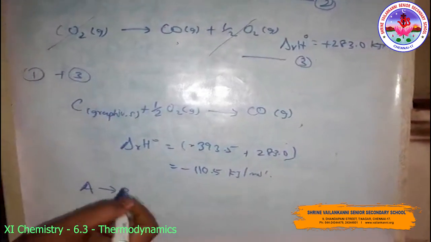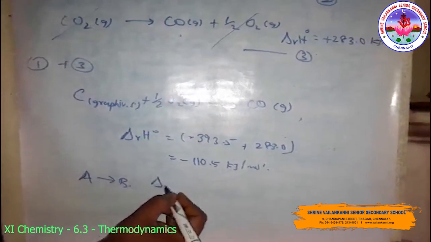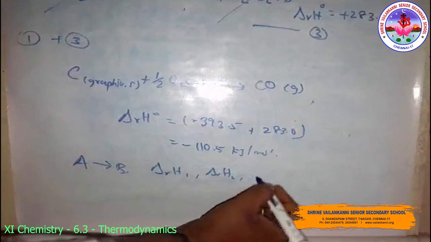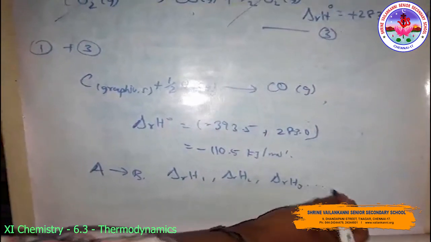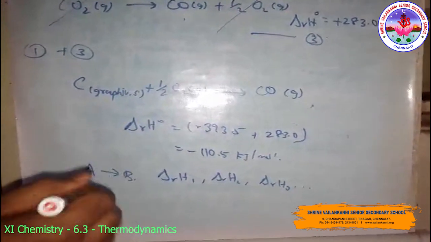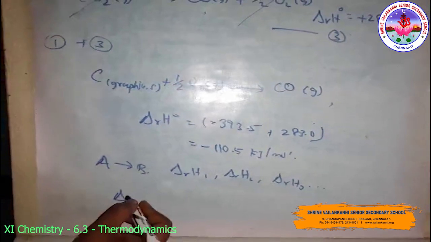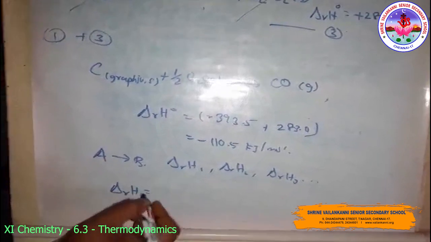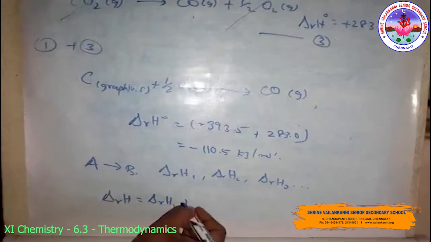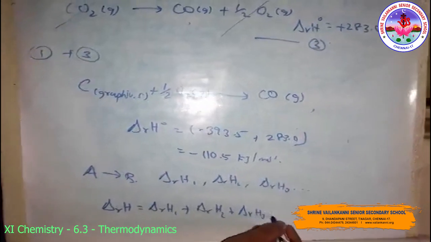In general, the enthalpy of an overall reaction, A gives B along one route, is the standard reaction enthalpy, and the standard reaction enthalpies of 1, 2, 3 represent the enthalpies of reactions leading to the same product B along the route. Then delta R H standard enthalpy of reaction is equal to the enthalpy of reaction 1 plus enthalpy of reaction 2 plus enthalpy of reaction 3, and so on.